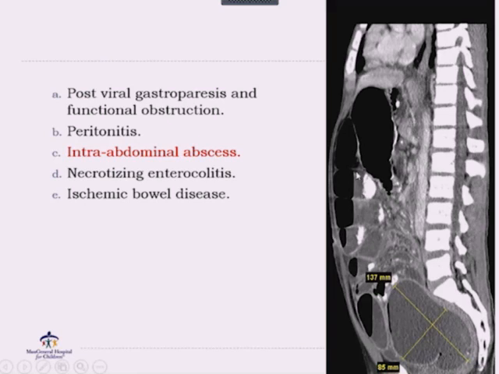So you can see these horizontal air fluid levels, this large enlargement of the small bowel. So these small bowel loops are significantly enlarged, and you see actually this very large abscess, probably the size of a baseball here, the dimensions of which I've listed, 137, so 10 centimeters in one axis, and probably close to 9 in the other.